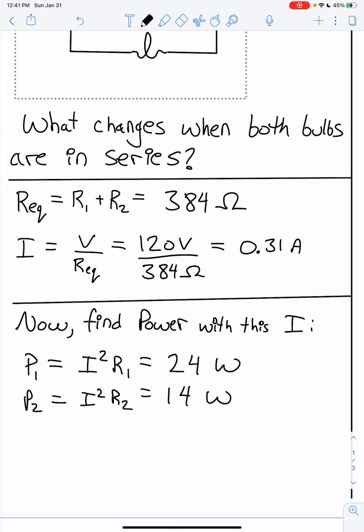So there's our difference. With this current, and this is just to make a very clear note of it, our first one, this is our 60 watt bulb, and this is our 100 watt bulb. And we can also calculate the voltage drop.